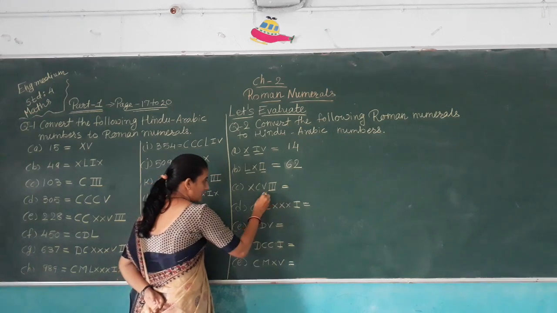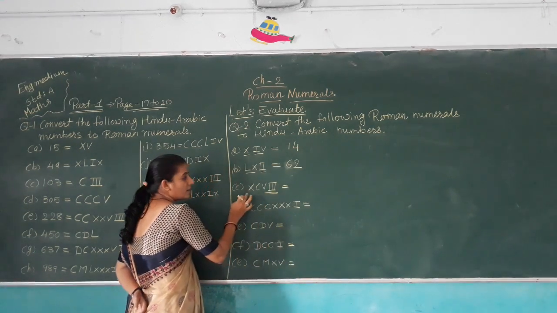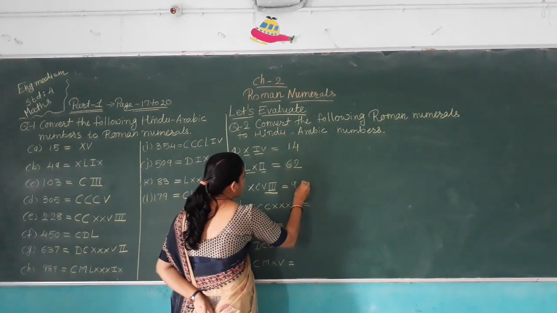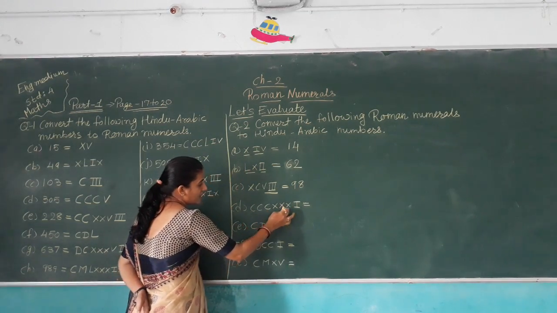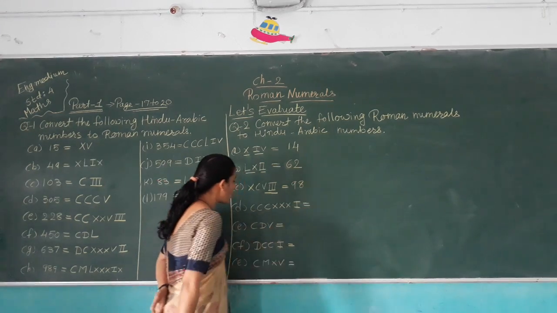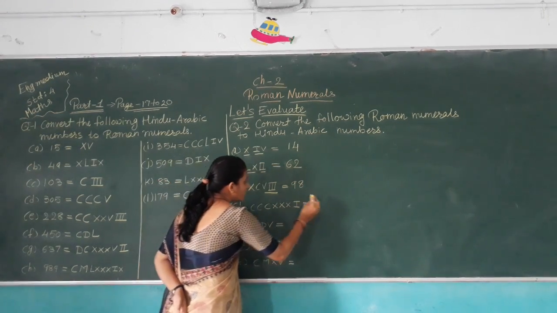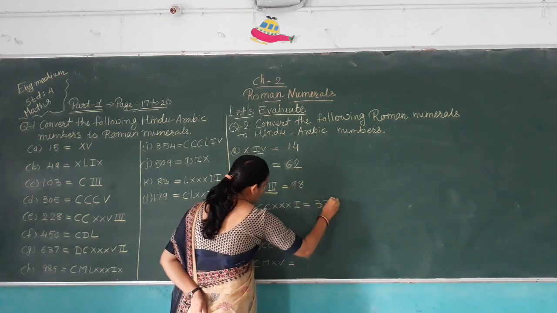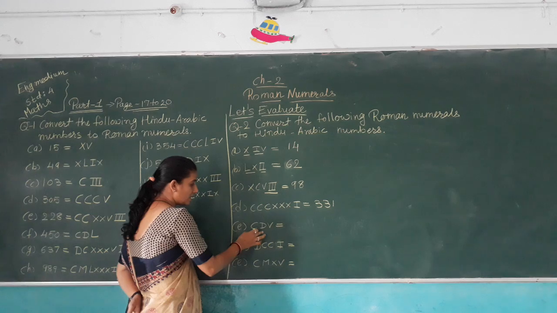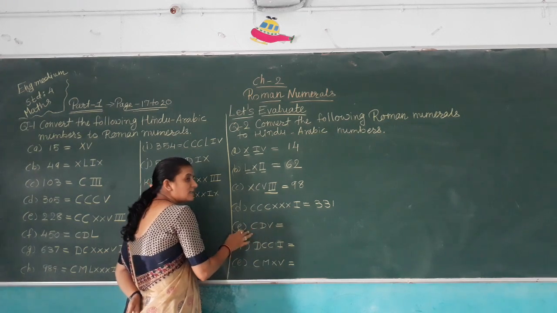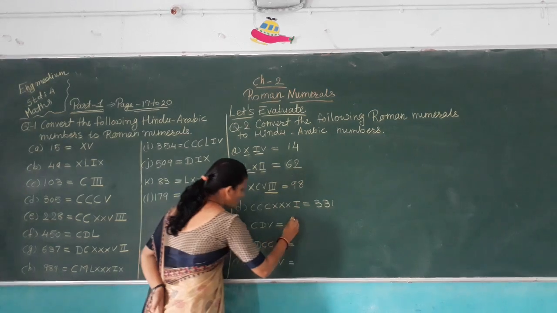XCVIII: VIII means 8, XC means 90, so 98. CXI is equal to what? 331. CD means 400, and here C before D, that means 405.